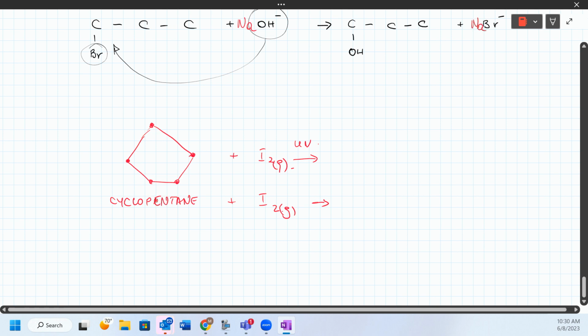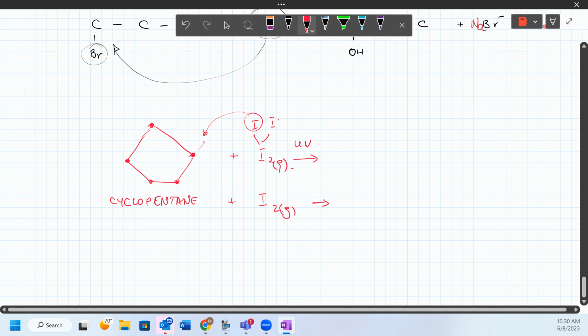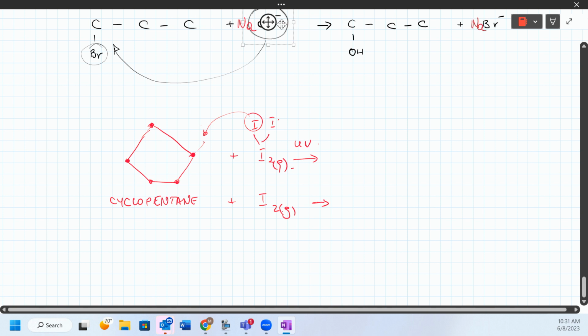So one of those hydrogens that is here, on the vertices you have carbons, and one of those hydrogens is replaced by one of the iodines. Okay, and then this hydrogen that you are kicking out, quote unquote, that the iodine is kicking out, is going to be connected with HI.